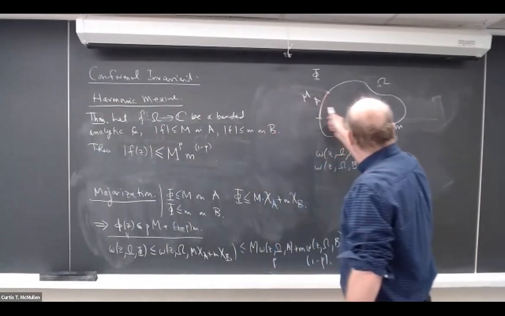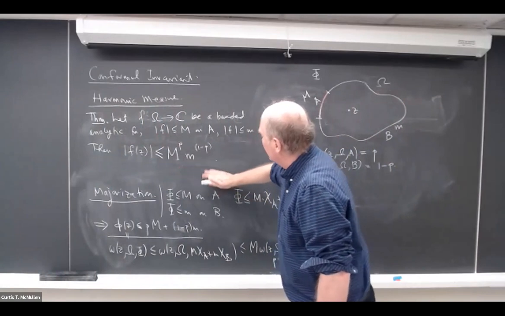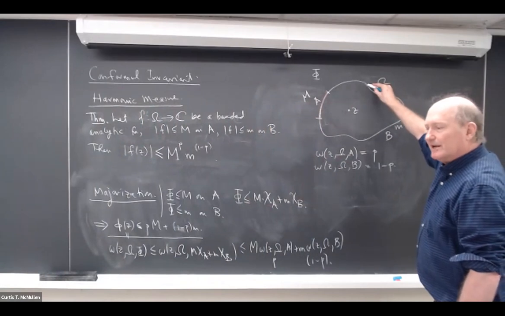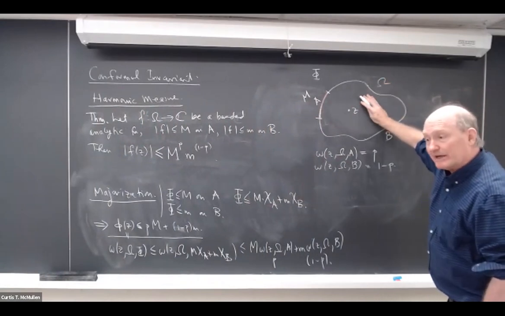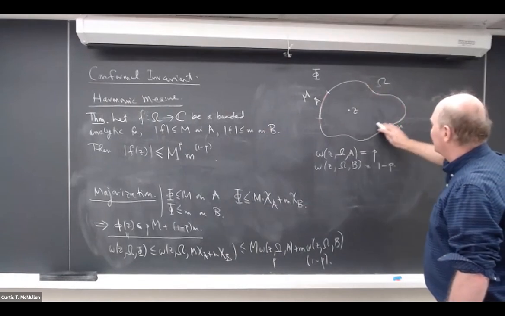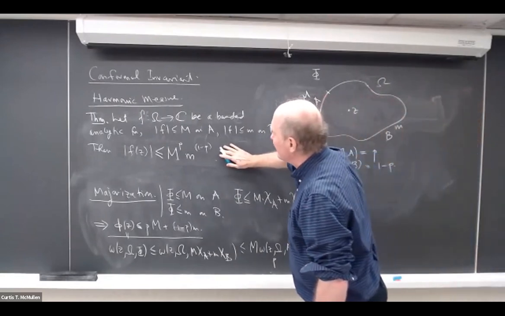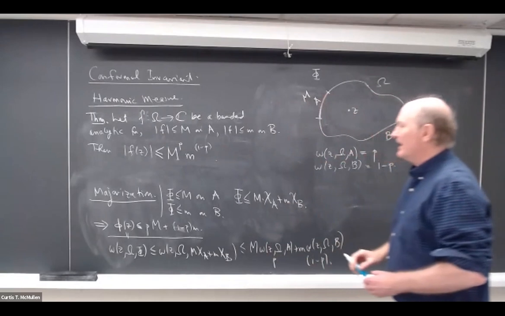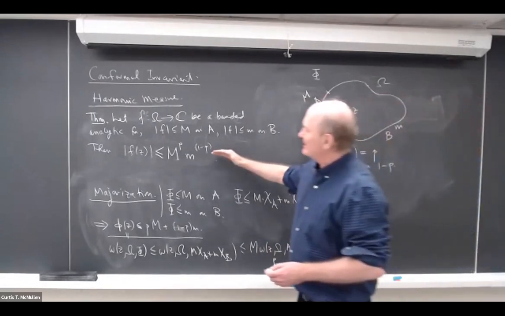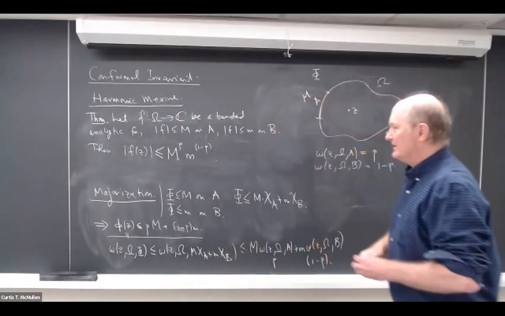Then this whole quantity goes to 0. In particular, if you knew that f was 0 on this arc, then it would be forced to be 0 in the whole region. And that's not too surprising, because we know that an analytic function that vanishes on the boundary has to vanish everywhere. And this is somehow a quantitative boosting of that qualitative statement. So if f is very small on B, then in fact it has to be very small through most of the region, unless it's enormous on A to compensate.